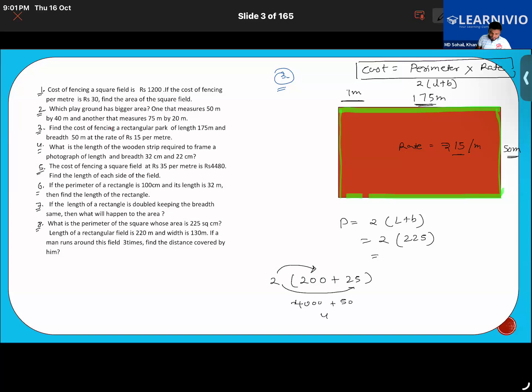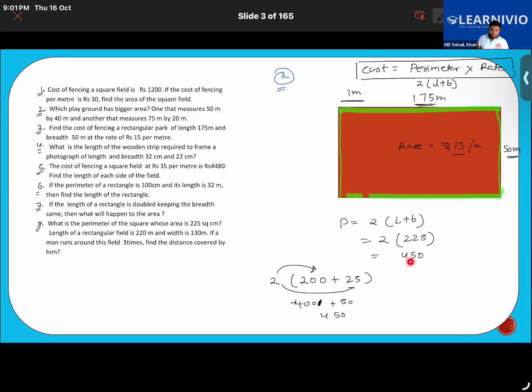So that is 450. You can split this number into hundreds, tens digit, units digit, and multiply them separately to get the answer.